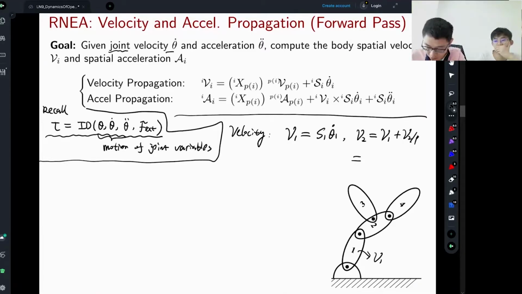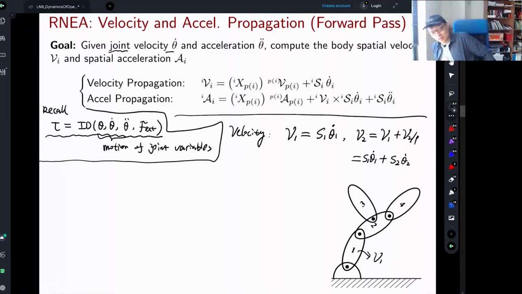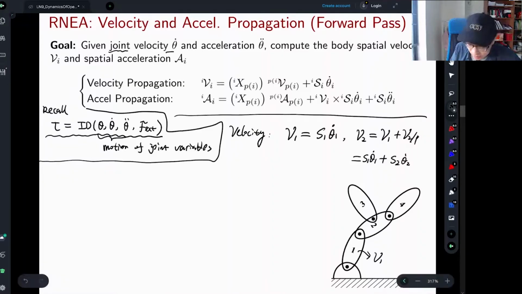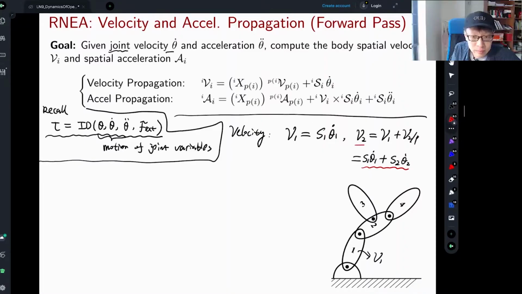This should equal S1 theta1 dot plus S2 theta2 dot. Is it correct? Yes, this is correct. It's very simple. V2's velocity is just V1's velocity plus V2 relative to V1's velocity. That's it, and it is a coordinate-free representation.